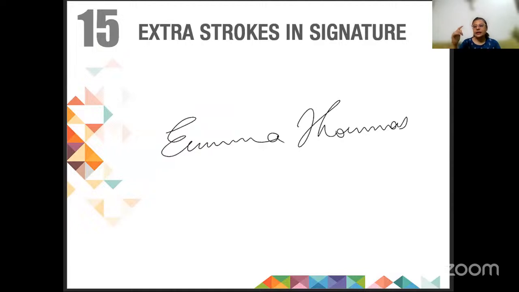Here in this, you can see extra strokes in the signature where in Emma Thomas, M and N are written in a scribbled manner. Can you see this? Extra strokes in the signature indicate that people, unknowingly or knowingly, write extra strokes.